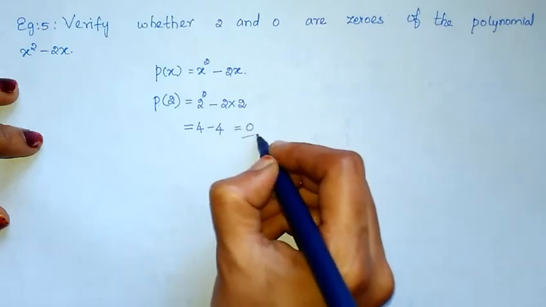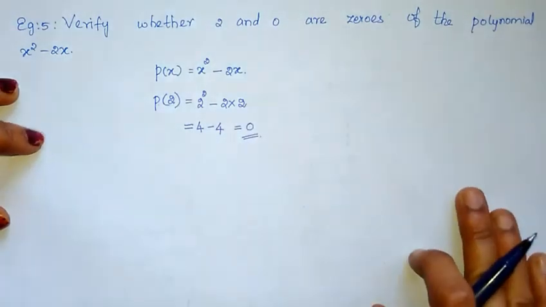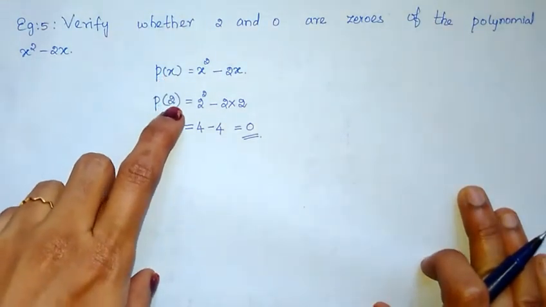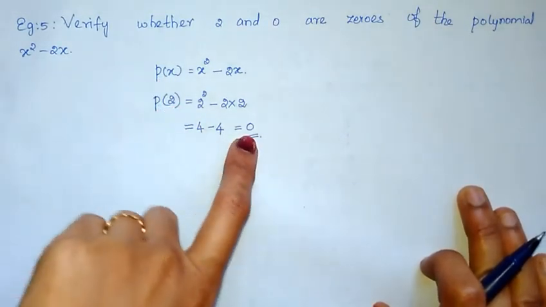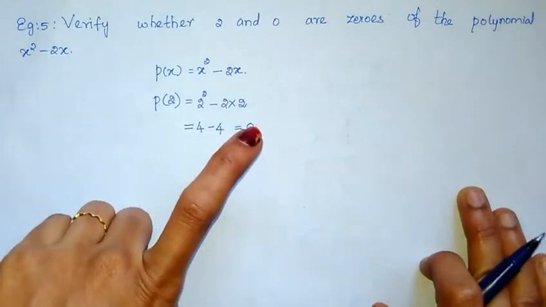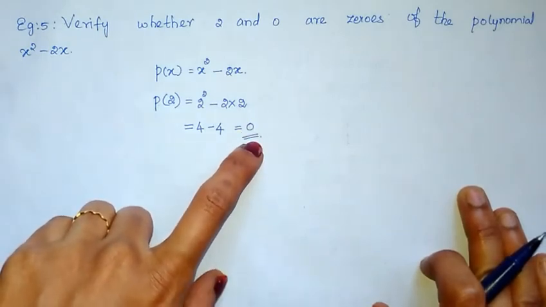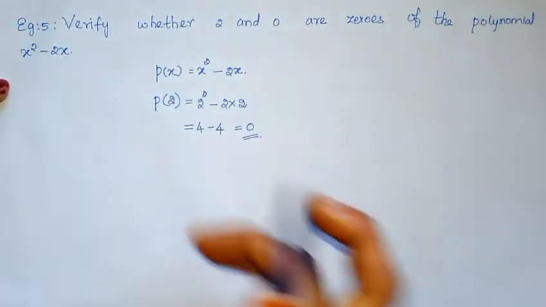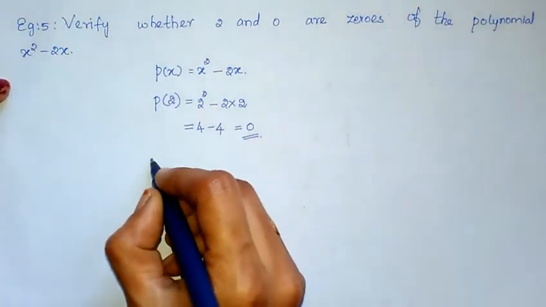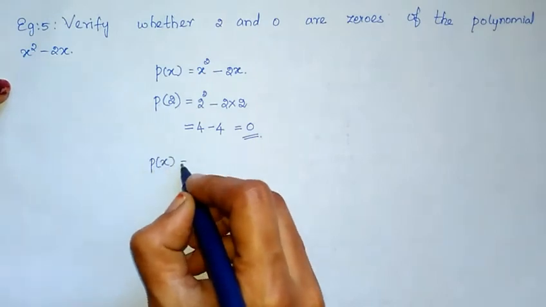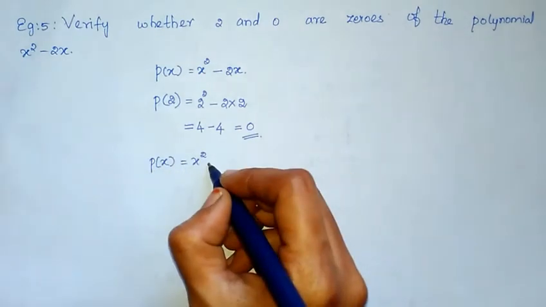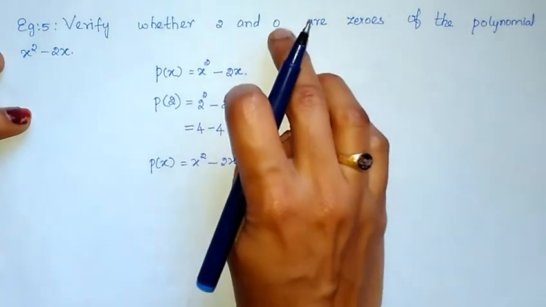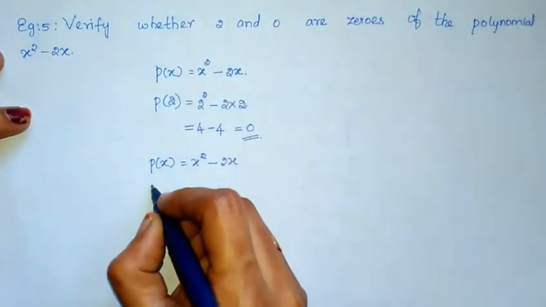to 0. So, here when we applied p of 2, we got the value 0. So, 2 is one of the zeros of p of x. Next, we know that p of x is equal to x square minus 2x. Now, we are going to apply the value of 0 here in the place of x.